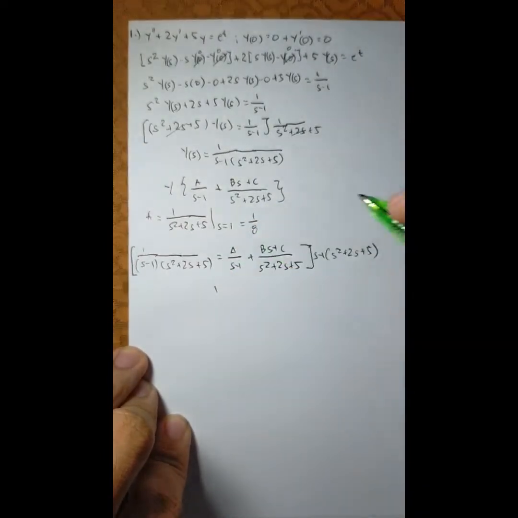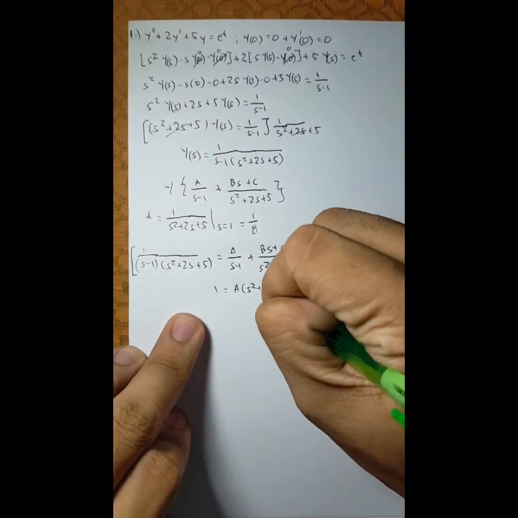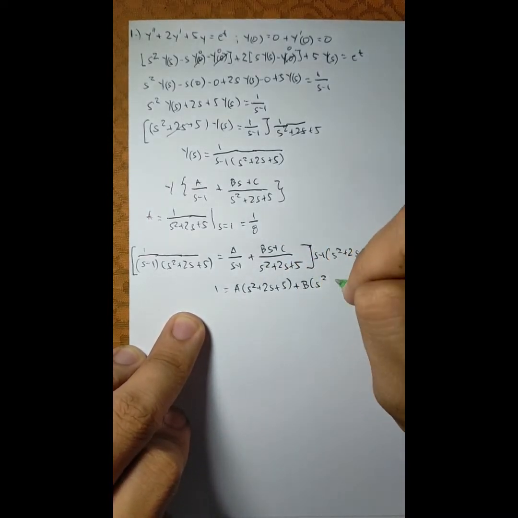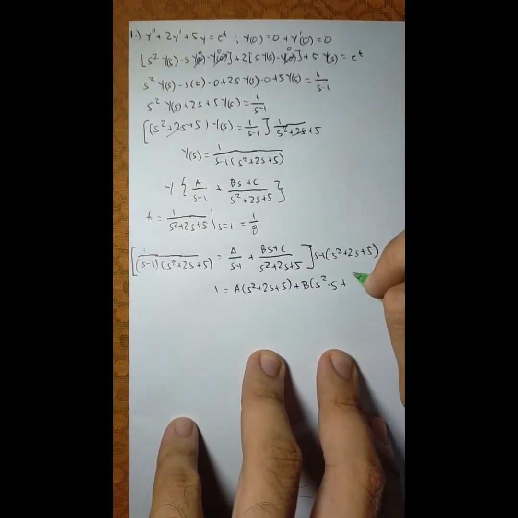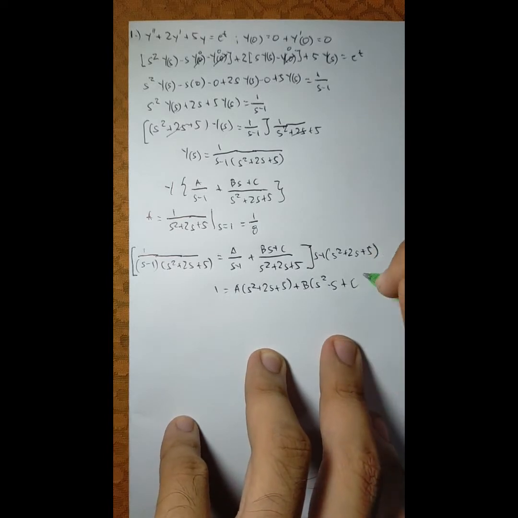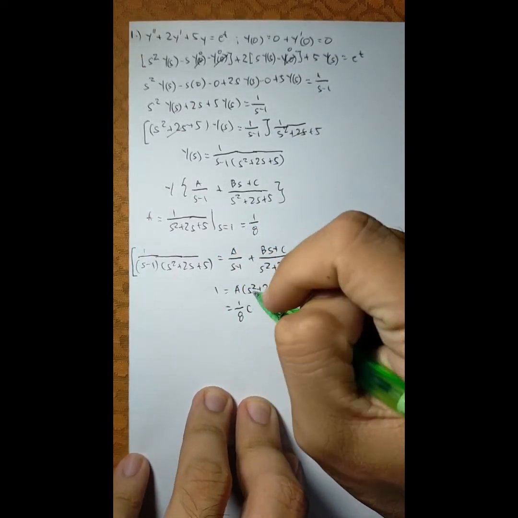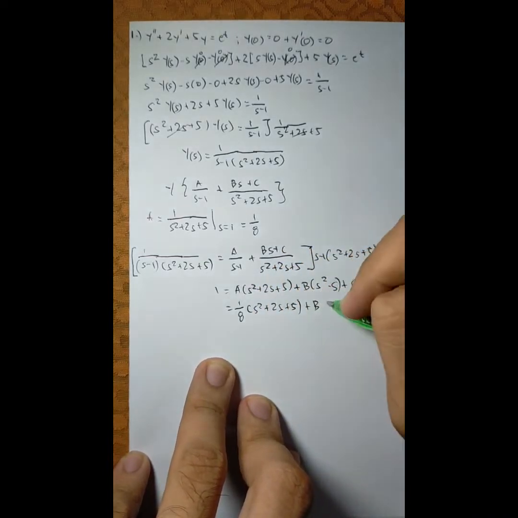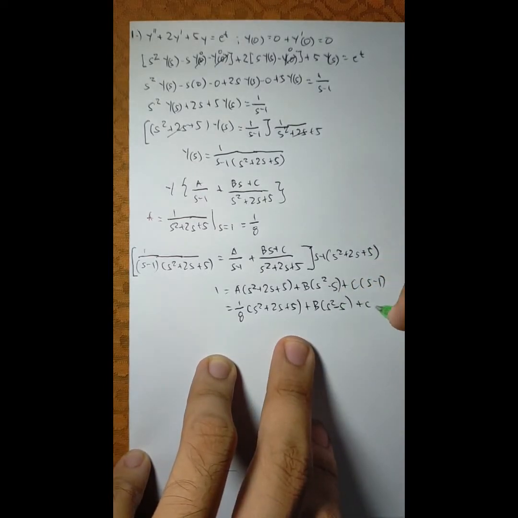And we have 1 is equal to A times s squared plus 2s plus 5 plus Bs plus C times s minus 1. And substituting the value of A, we have 1 over 8 times s squared plus 2s plus 5, plus Bs plus C times s minus 1.